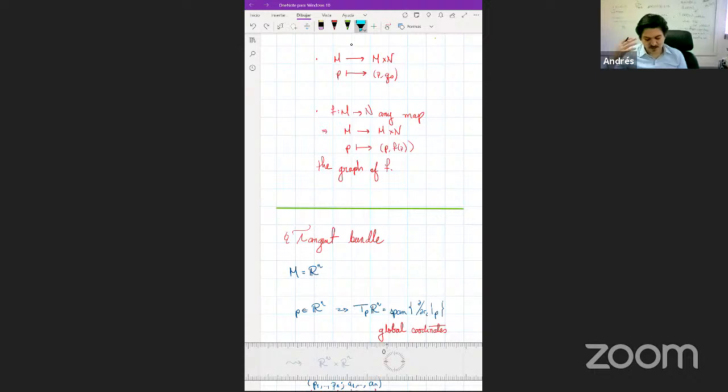So the whole idea of the tangent bundle is to put together the manifold and the infinitesimal information. Remember that the infinitesimal information is the tangent space.